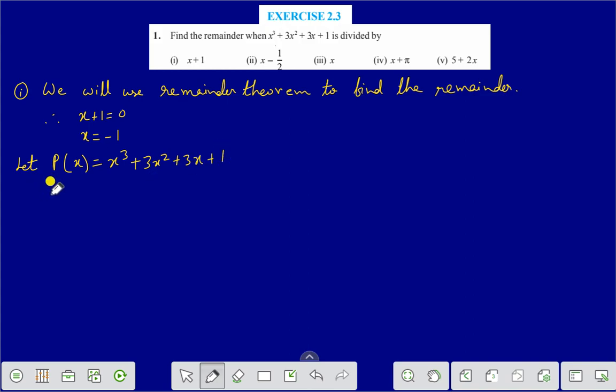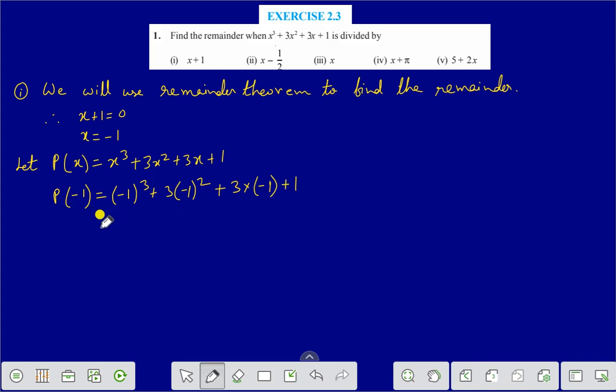If we find p(minus 1), then we are getting minus 1 whole cube plus 3 into minus 1 whole square plus 3 into minus 1 plus 1.